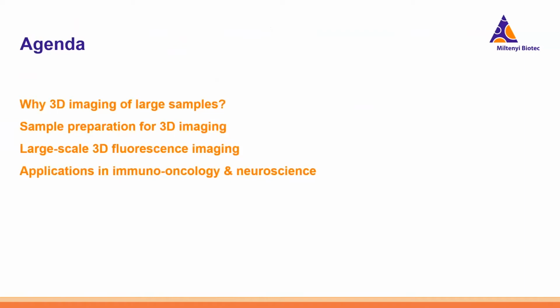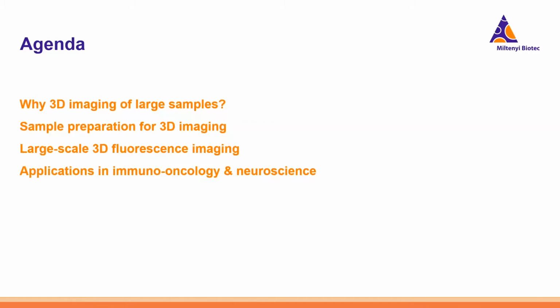I'm going to focus on the sample preparation for this 3D imaging workflow. And then Hussein will take over and present to you the large-scale 3D fluorescence imaging solution that we provide, and also show you which applications this can be used in the research areas of immuno-oncology and neuroscience.